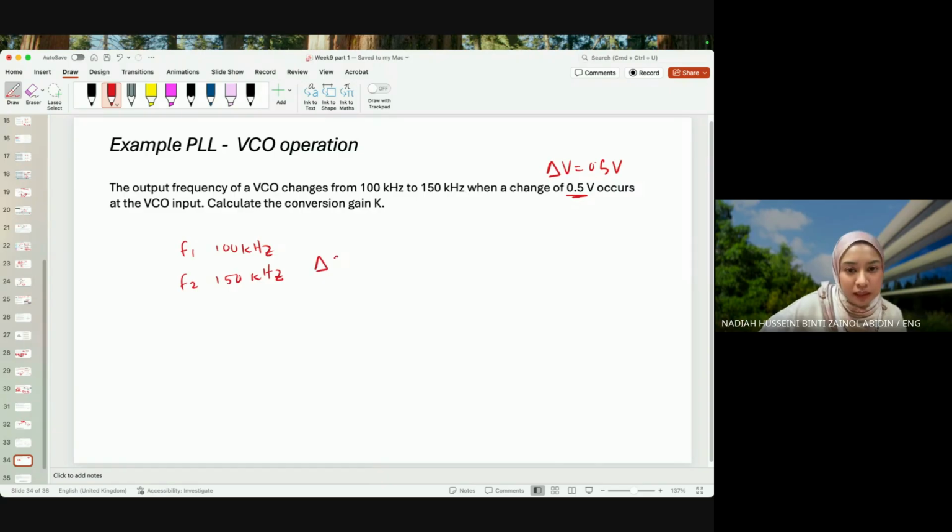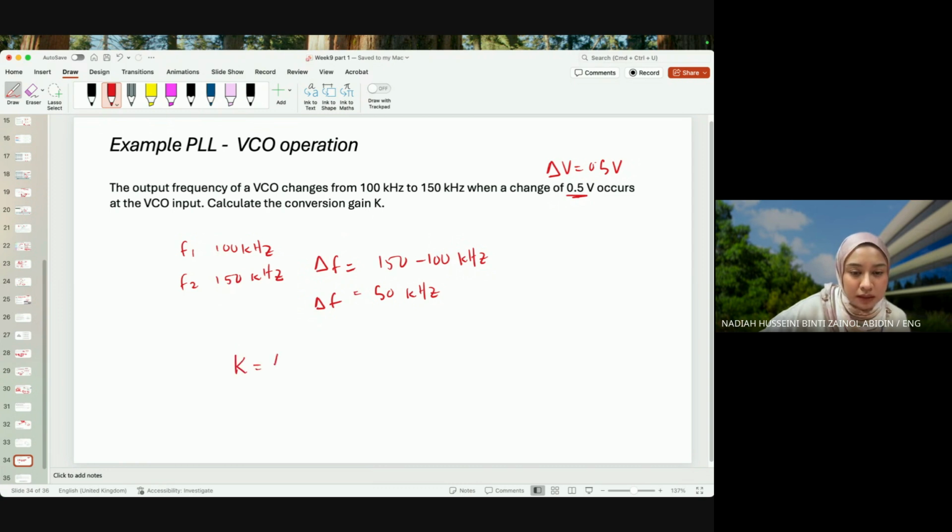Our delta F is 150 minus 100 kilohertz, which is 50 kilohertz. This is our delta F. Calculate the conversion gain K for the VCO.